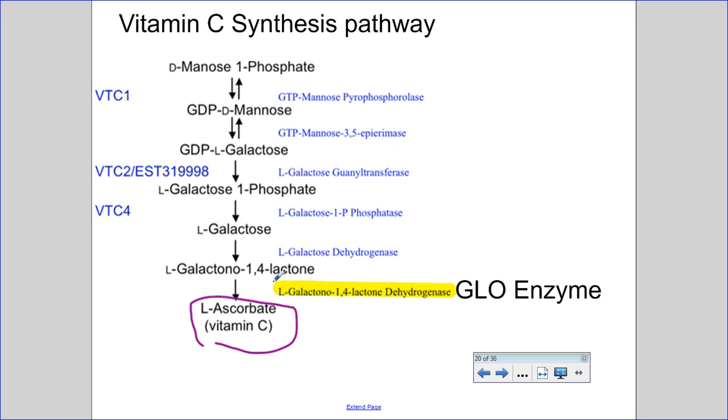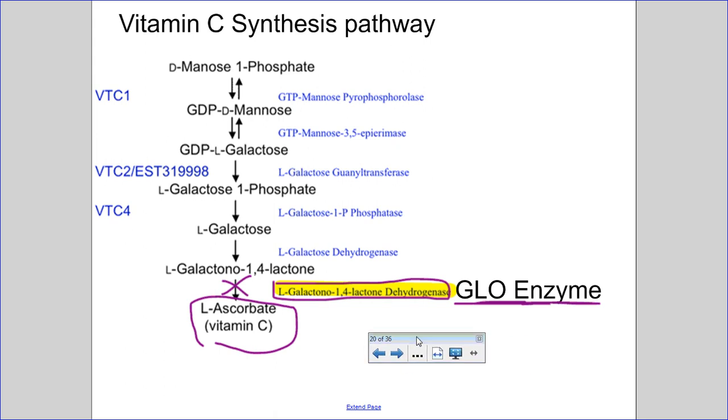However, in humans and those various primates and other organisms, a mutation has caused this enzyme to be absent, preventing this last step in this reaction pathway from occurring, which is why vitamin C is an essential vitamin. So you do not need to know these products or these reactants. You do not need to know these enzymes. Only that there is a mutation in this GLO enzyme that prevents vitamin C from being synthesized.